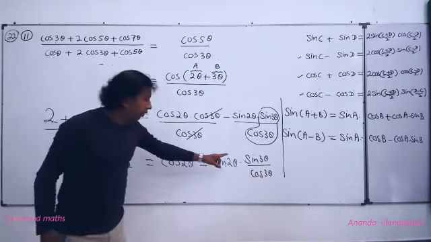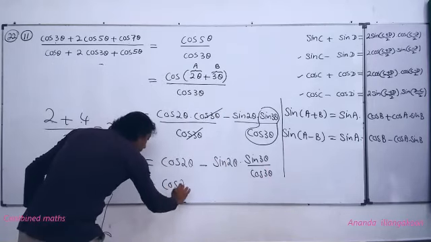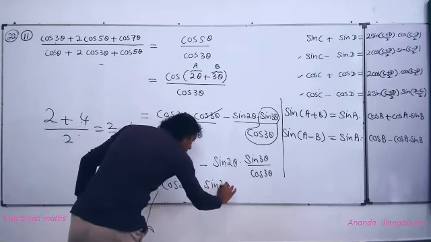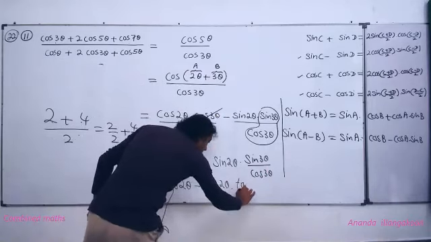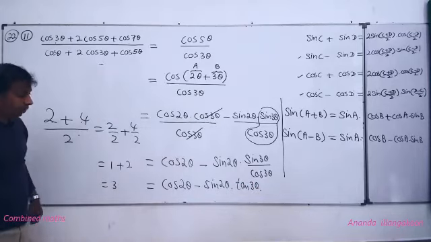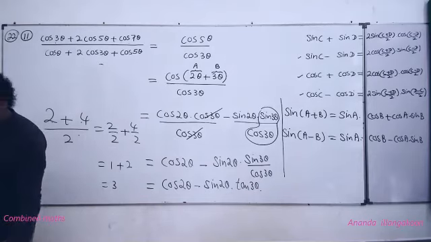Then this is tan 3 theta. Cos 2 theta minus sin 2 theta into tan 3 theta. This is what we get, that is the answer.